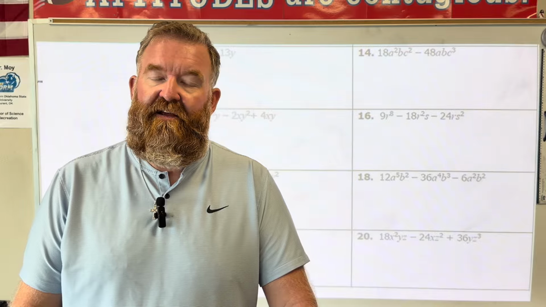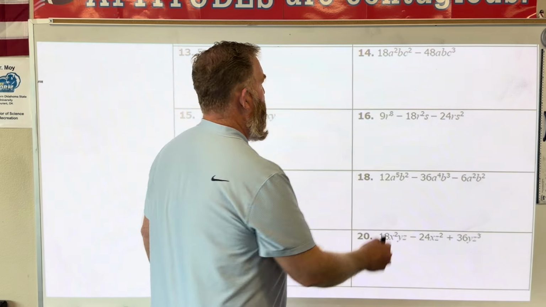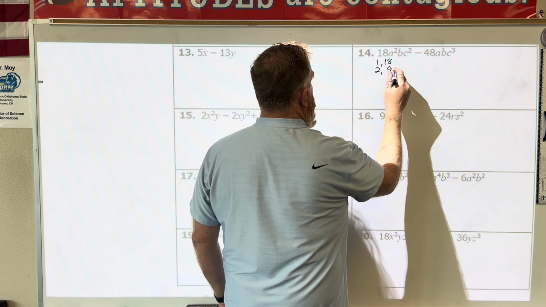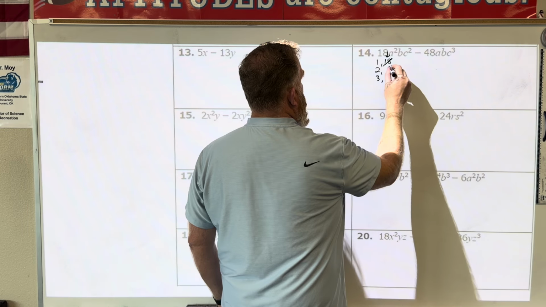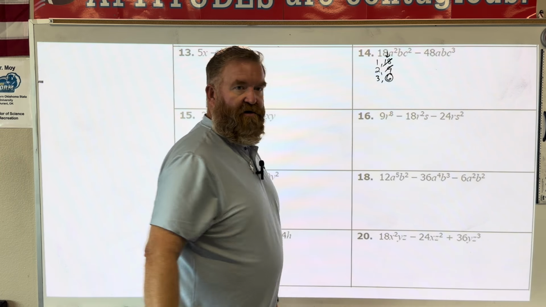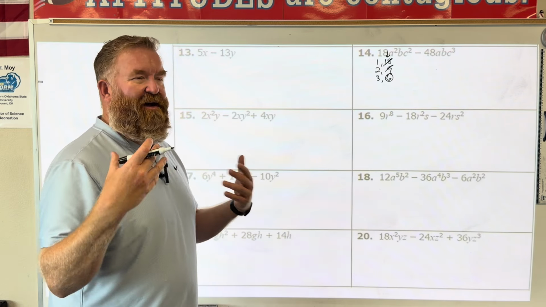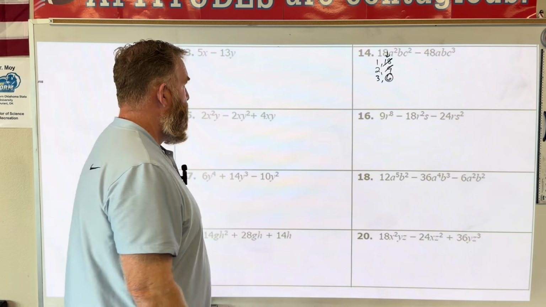When I think of 18, I think of 1 times 18, 2 times 9, 3 times 6. That's how I always did it. What I would do is work my way down that line. That doesn't work. That doesn't work. That one will work. Everybody with me? There's a lot of different ways you can do it.